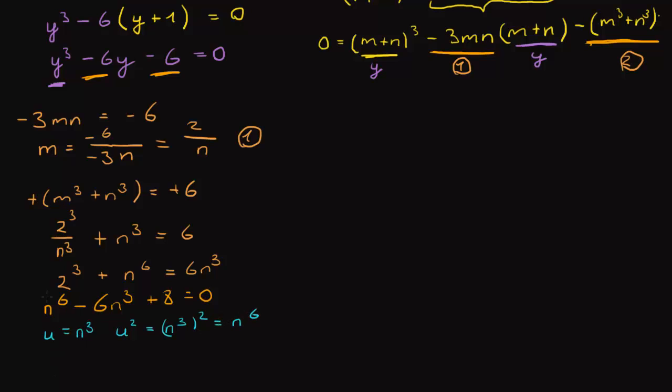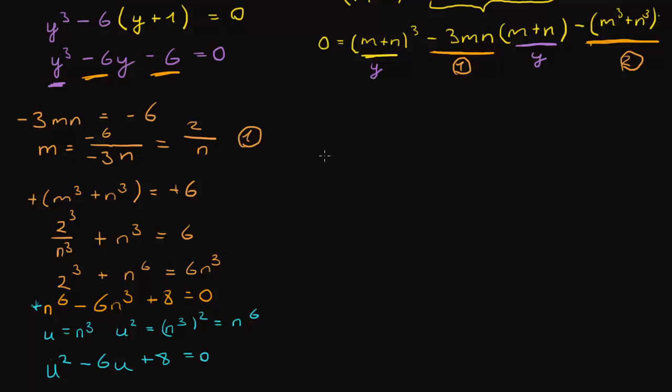So we can rewrite this equation right here as being u squared minus 6u plus 8 is equal to 0.